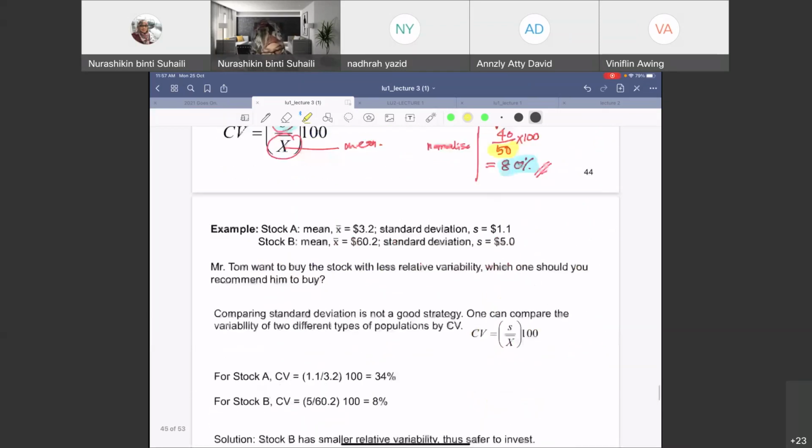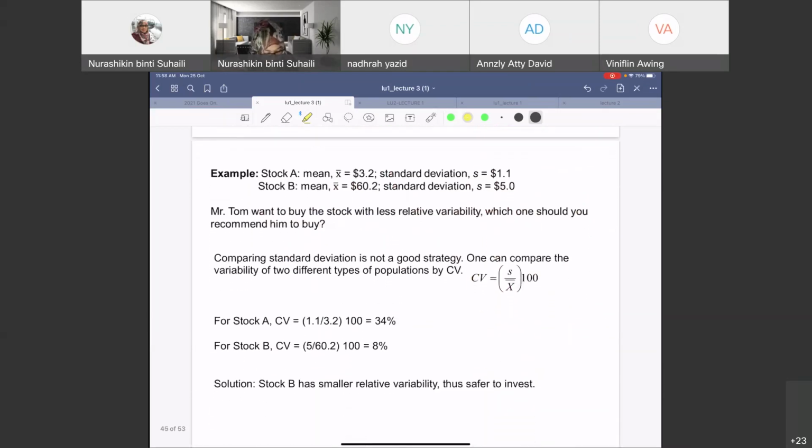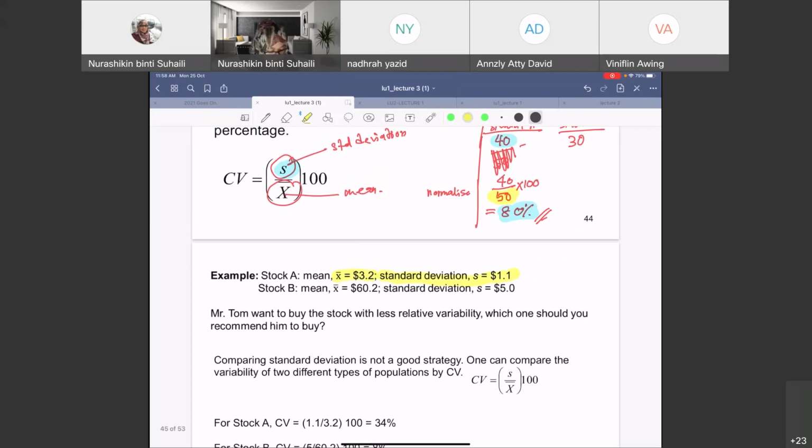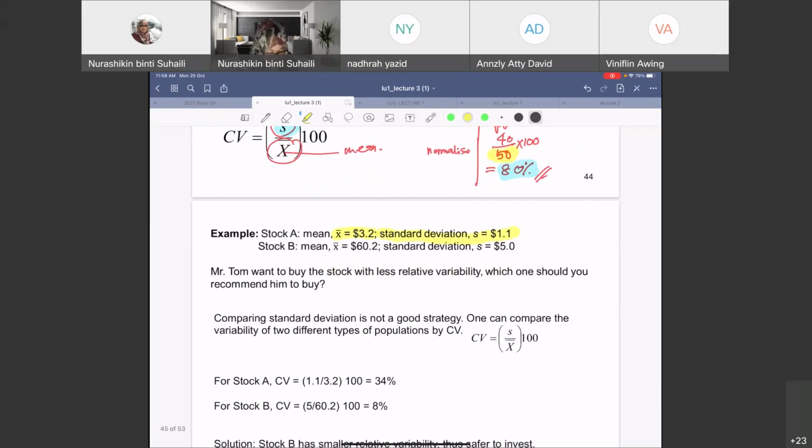So for the coefficient of variation, let's say you have the standard deviation of 1.1, and you know the mean is 3.2. Based on the formula just now, S divided by the mean multiplied by 100. So for stock A, in this example, the coefficient of variation is 34%.